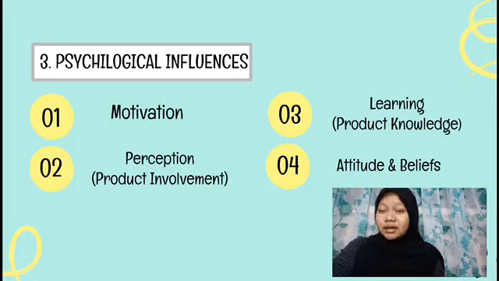In other words, it can simply be defined as product knowledge. There are two types of learning, which are conditional and cognitive. Conditional learning is when the customer is exposed to a situation repeatedly, thereby developing a response to it.